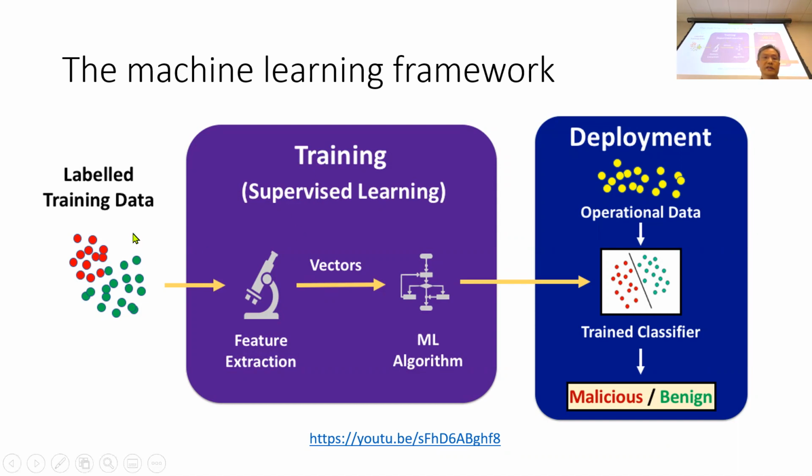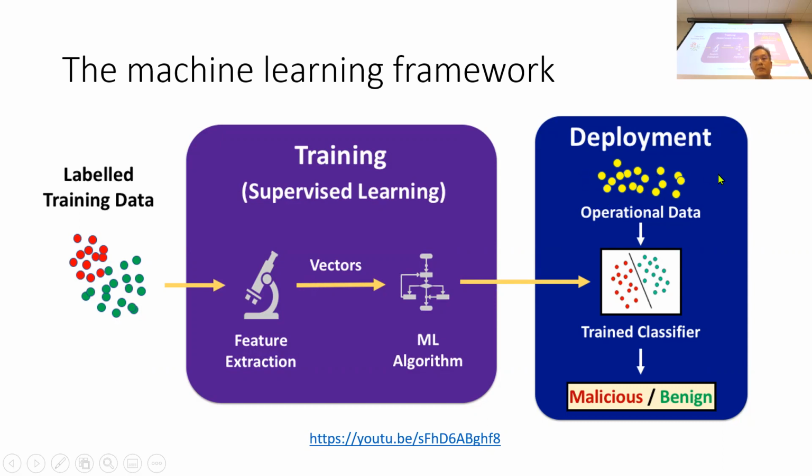So that's easy to understand. You have to have labeled training data, either green data points or red, to learn the structure of your data, the distance, and how you separate them. And then you build this algorithm with a machine.